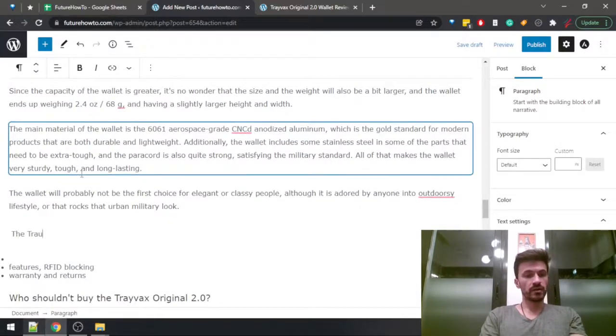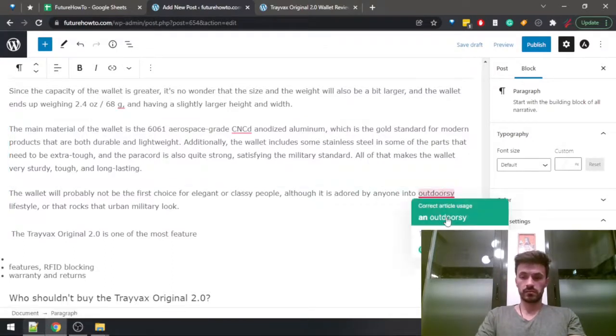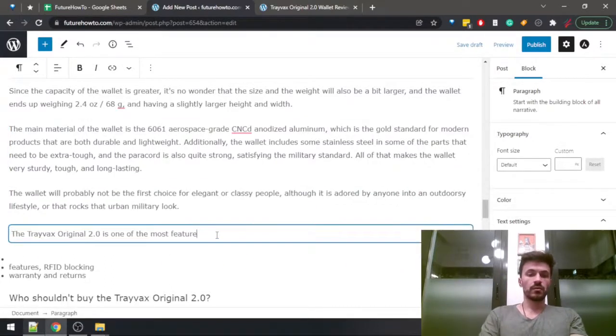The TraveX Original 2.0 is one of the most feature complete minimalist wallets out there.